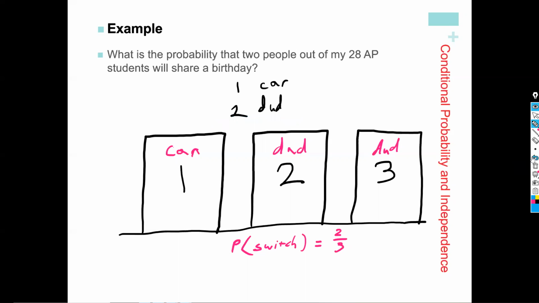Now, same idea if we choose door number 3. If we choose door number 3 at the start, then if they want to ramp up the tension, they've got to open door number 2 to avoid opening up the car and giving that away. And so we switch doors to door number 1, and once again, we've won the car.